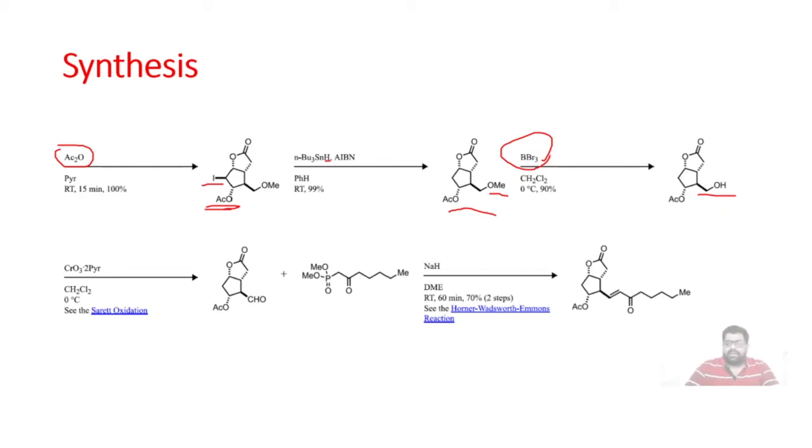Now the primary alcoholic group is converted to aldehyde. This is simple oxidation, and it is carried out by CrO3 pyridine, that is chromium trioxide in the presence of pyridine, and this is known as Sarett oxidation, or sometimes we call it Collins reagent.